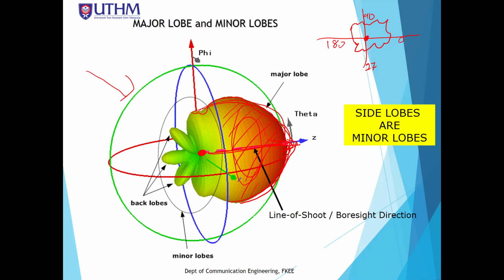So ini dipanggil sebagai major lobe, lobe yang paling besar. So lobe yang paling besar menunjukkan majority ataupun the most intensity towards that direction. Since this is not showing the angle, normally it shows the angle, here I just say that this is towards the z-axis.